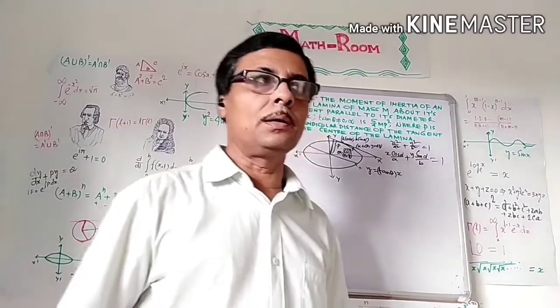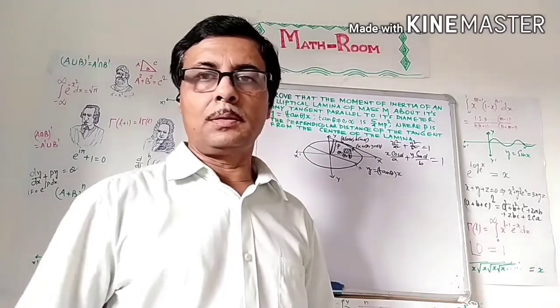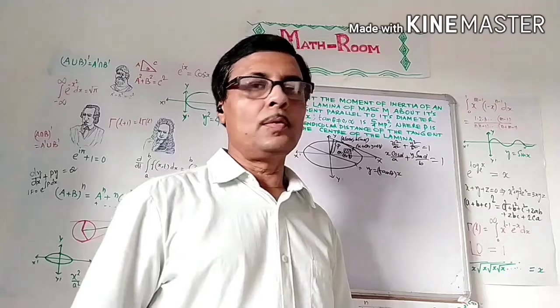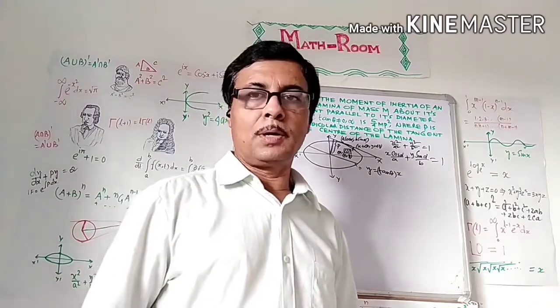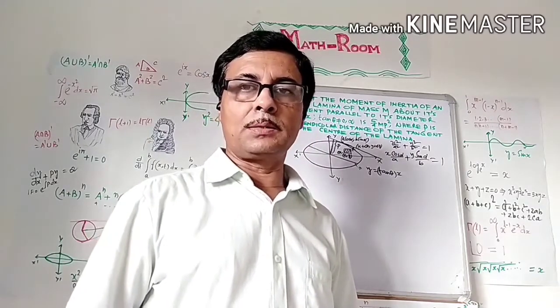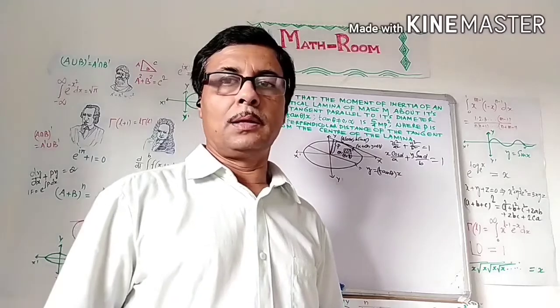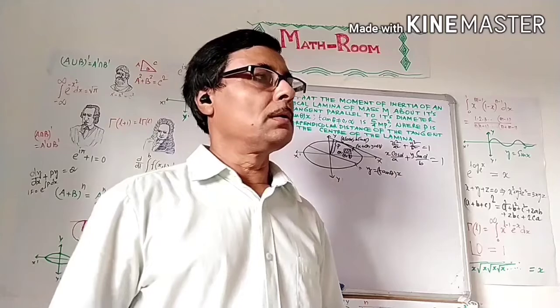We should have the idea of moment of inertia. What is moment of inertia? To speak simply, for a particle whose mass is m and whose distance from the axis of rotation is r, the moment of inertia of this particle is equal to m r square.